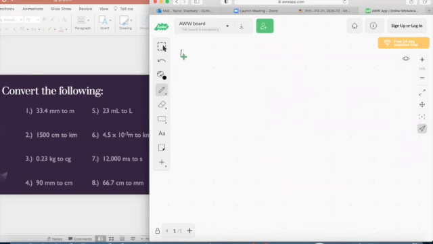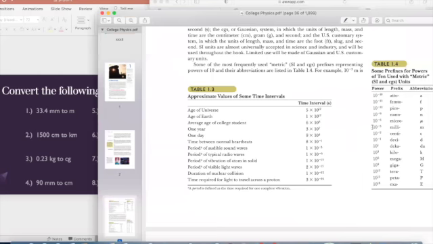Number 5, we're going from 23 milliliters to liters. Let's do the longhand first. If we go back to our table, we know that milli is 10 to the minus third power.